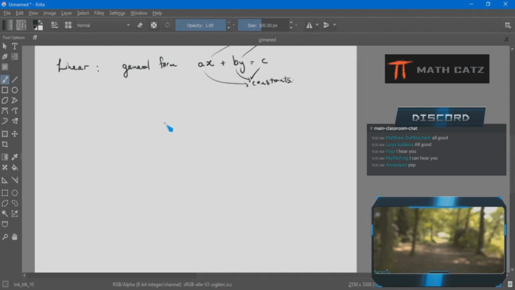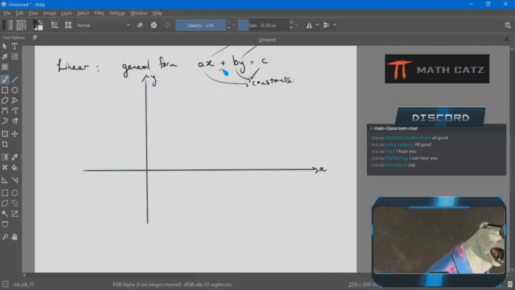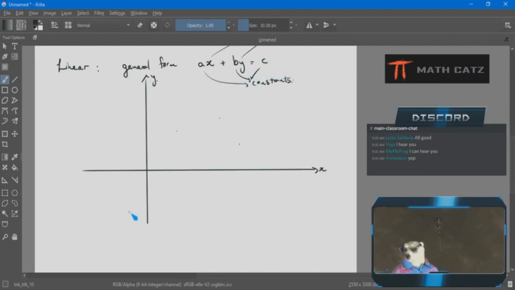When we try to visualize this by looking at two number lines, the number line for the x values, let's label it over here, called the x-axis, and the number line for the y values, which we'll do vertically, called the y-axis, and we look at all the possible x, y pairs corresponding to points in this plane that satisfy an equation like this, we get some sort of straight line depending on the a, b, and c values.